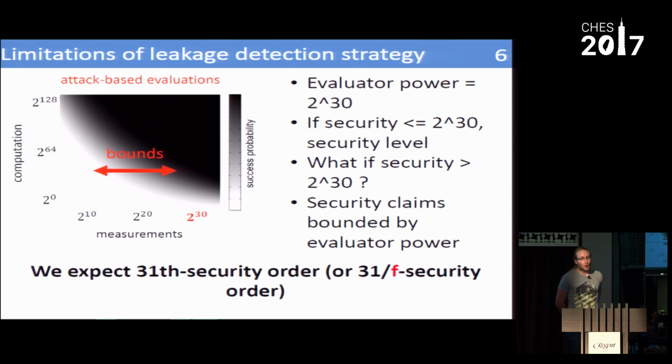In our work, as we manipulate 32 shares, we expect at this point to have security order 31. Even though there could be some flaw, the parameter f, which reduces the security a bit, we believe that we will be way higher than what it will be possible to evaluate.